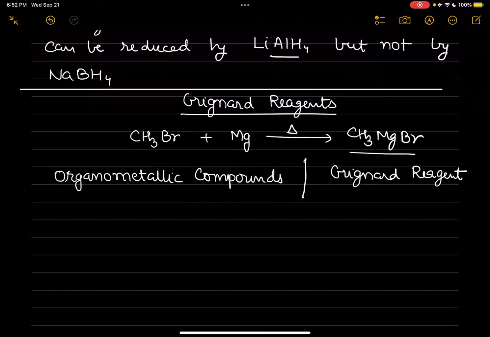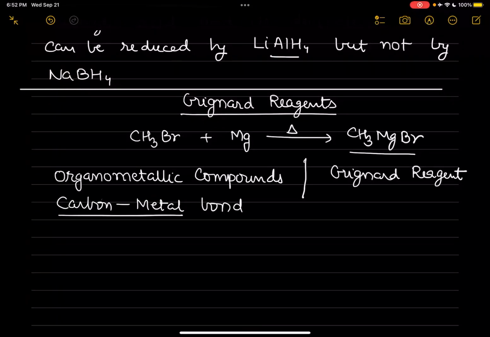Organometallic compound means there is a carbon metal bond. A carbon metal bond is present in Grignard. You can see over here, this is CH3, magnesium, and bromine.